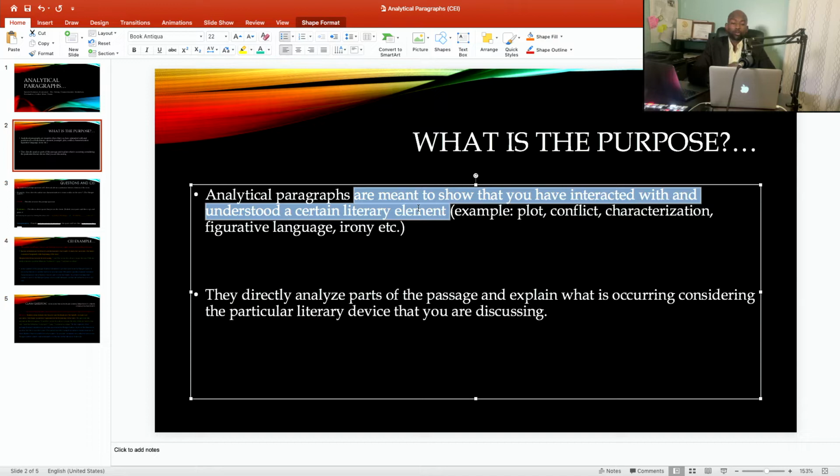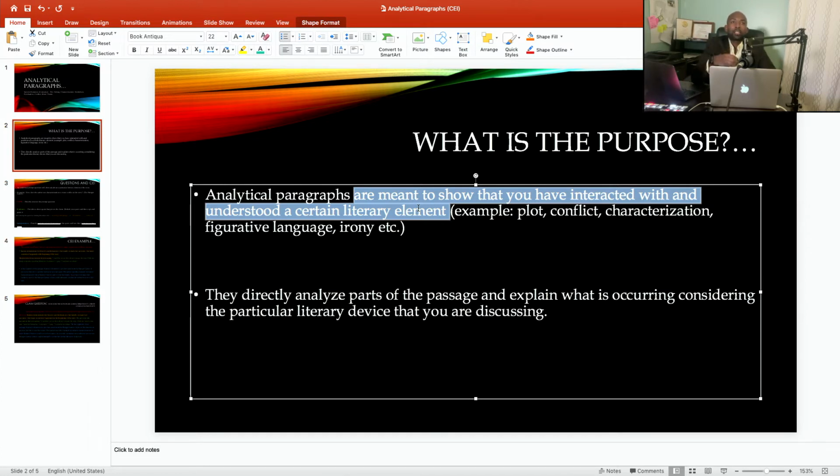So they want to see, based on your written response, that you have understood what the author was trying to do, the literary components the author was intending to use. So if they're expressing foreshadowing, if they're hinting at something in the future, the English teacher wants to see that you recognize that that's what they were doing. Or if they're using symbolism, if something is symbolic and representative of something else, the English teacher wants to see if you recognize that.